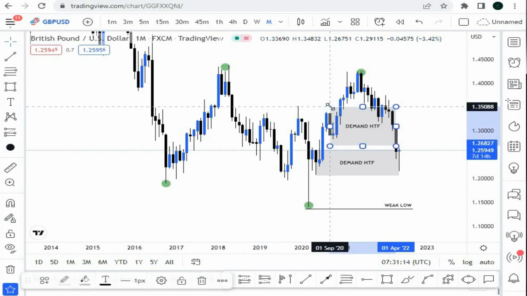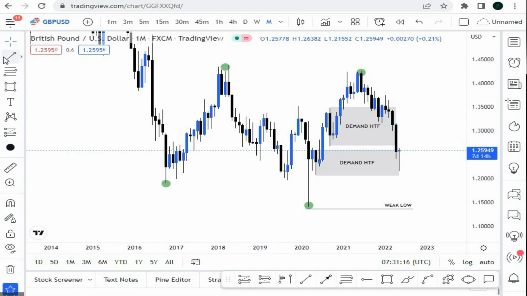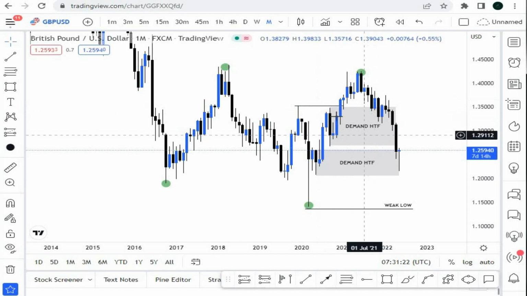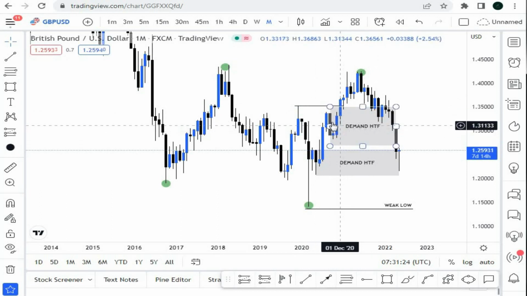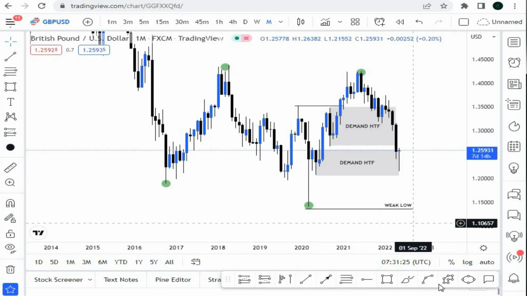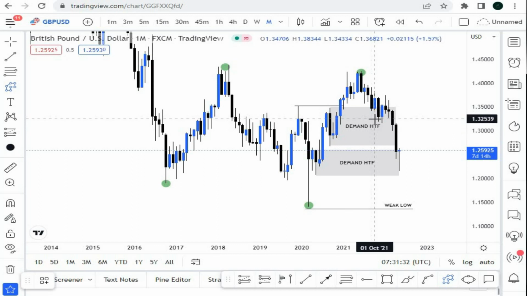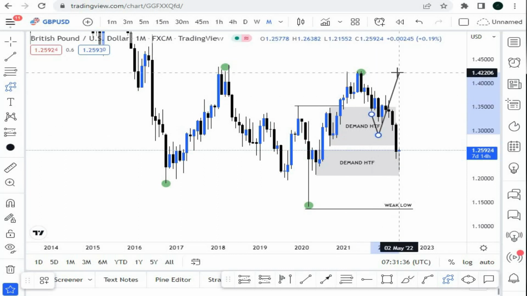As you can see, guys, we also have a break of structure. The first thing you like to see when you see a break of structure is a demand zone. If you are able to identify your demand zone or your last opposite candlestick, you know that the price will come and tap in and then shift the market going up.